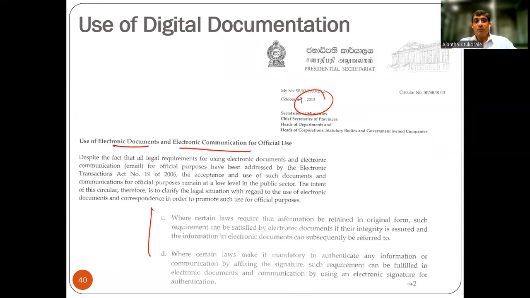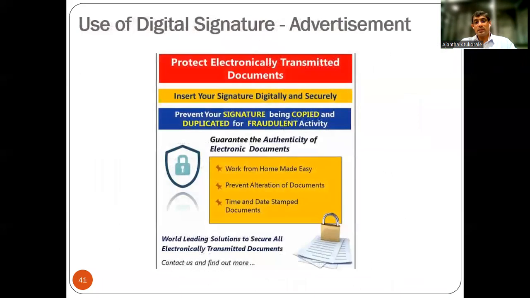If you have time, try to download this circular. If you are a government officer, you should know it, but even in the private sector, right? The circular number is here, and it talks about everything: sending digitally using normal public key, private key, as well as using digital signatures for communications, right? But unfortunately, we are not using it, that's a bad thing.